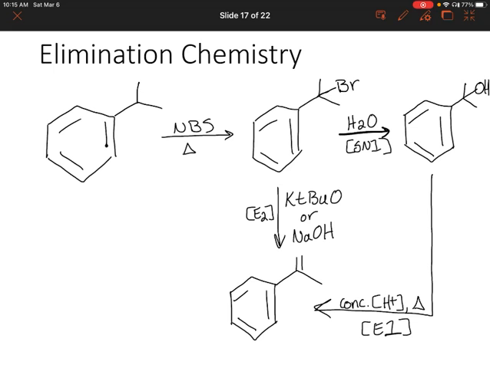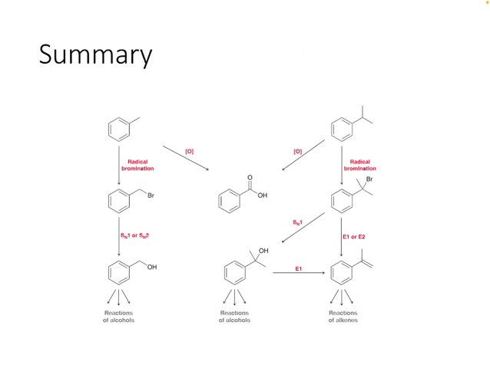Now, in your textbook, there's a nice little summary of all of these reactions that we've gone over. And I also posted this as a study guide on Canvas under modules study guides.